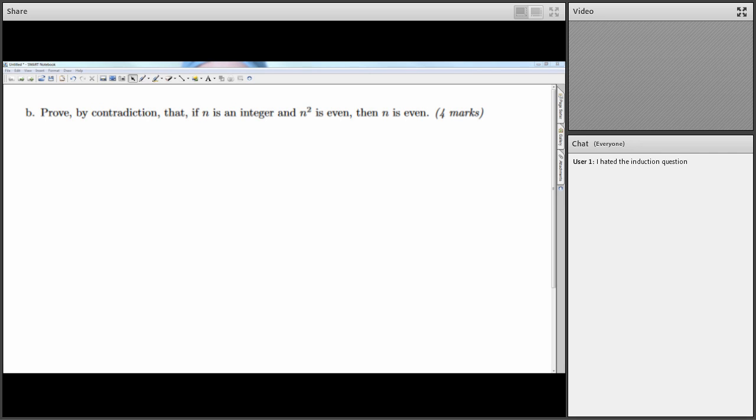The question is, prove by contradiction: if, and when you say if, the things after the if here are the premises, as I call them, our starting points. So prove that if n is an integer and n squared is even, then we have a conclusion that n is even.